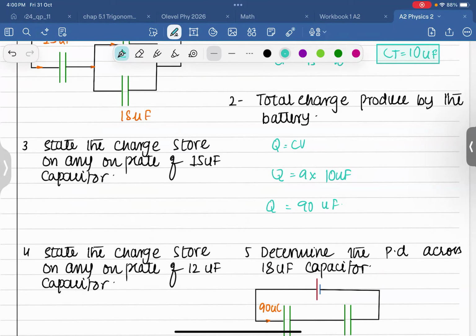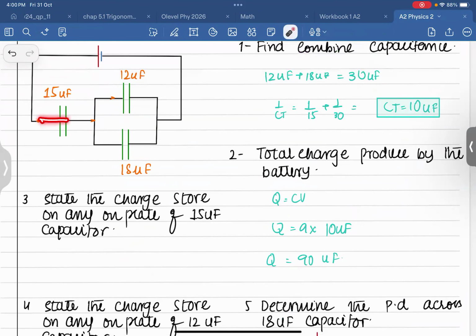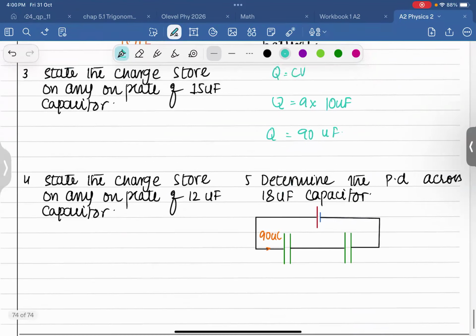So this 90 microcoulomb is flowing in the circuit. It will get stored in the first capacitor, the second one, and the third one, and then it comes out of the battery, right?